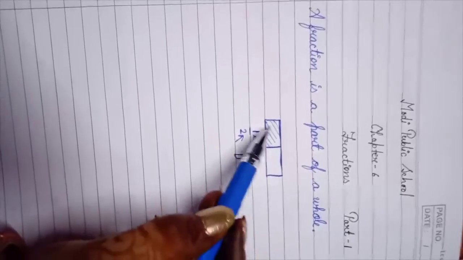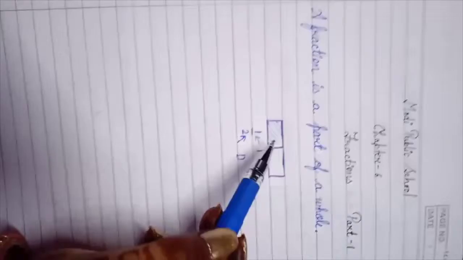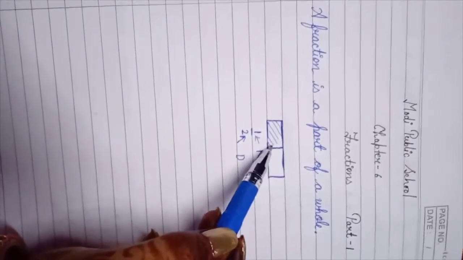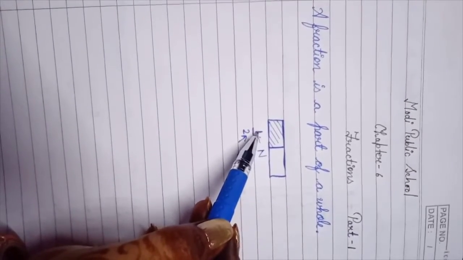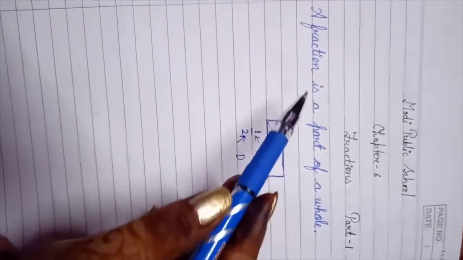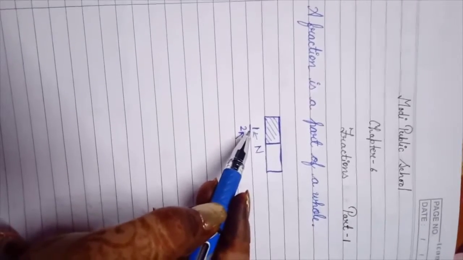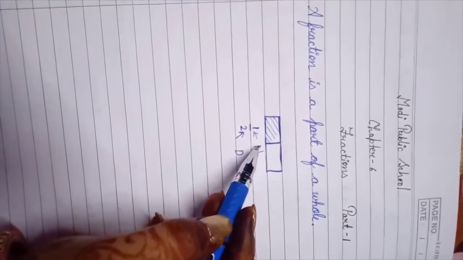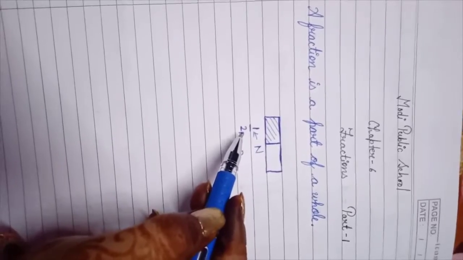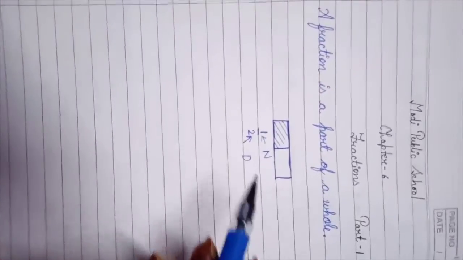Here I have divided this rectangular strip into two equal parts, and one of its parts is represented by 1 upon 2. The number written above the horizontal line is called the numerator, and the number written below the horizontal line is called the denominator.